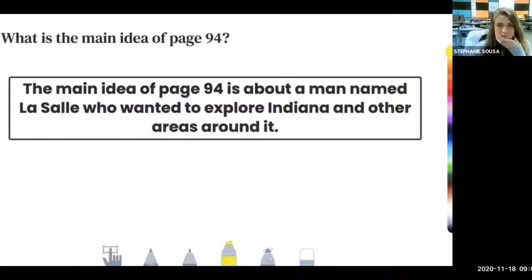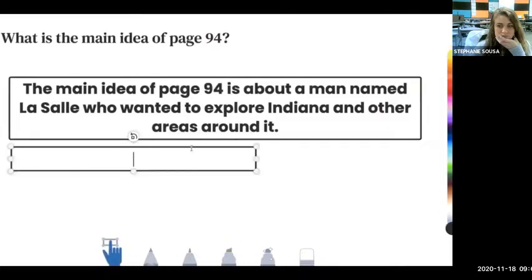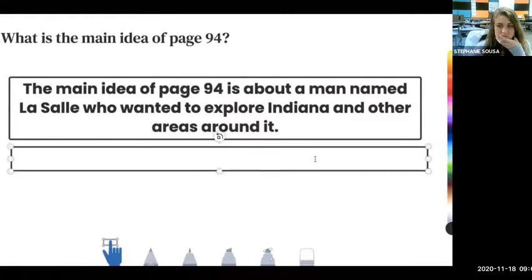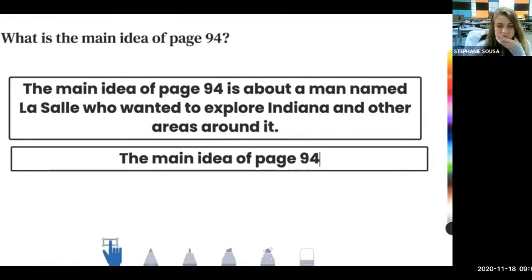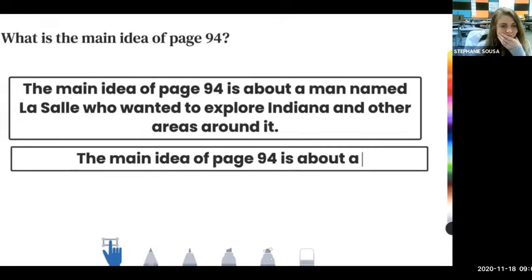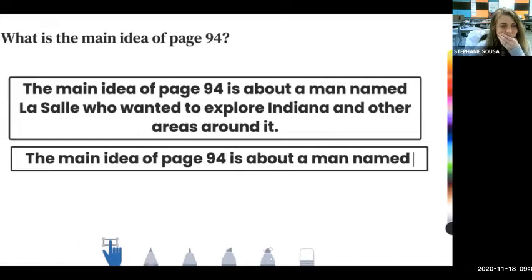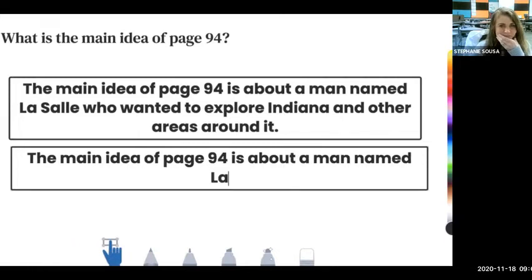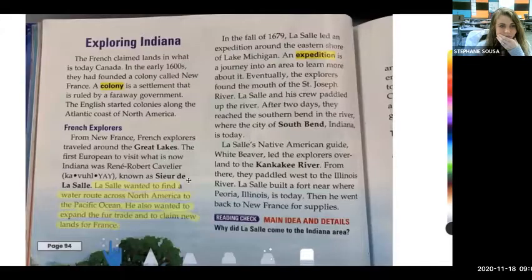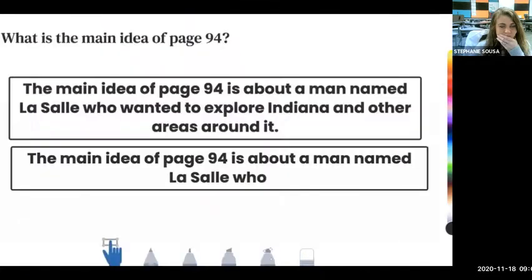So another main idea, again, remember, you can have more than one main idea as long as it discusses what it's mostly about. I could also say something like the main idea of page 94 is about a man named who? LaSalle, who wanted to claim new lands for France.